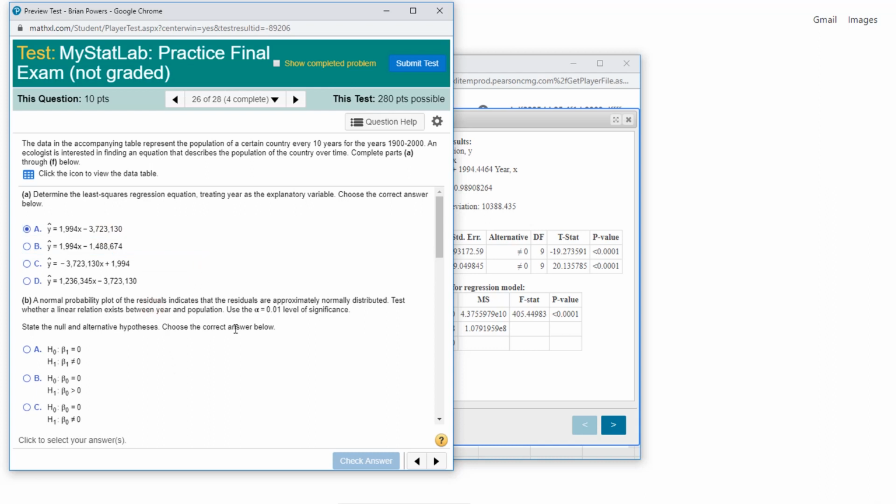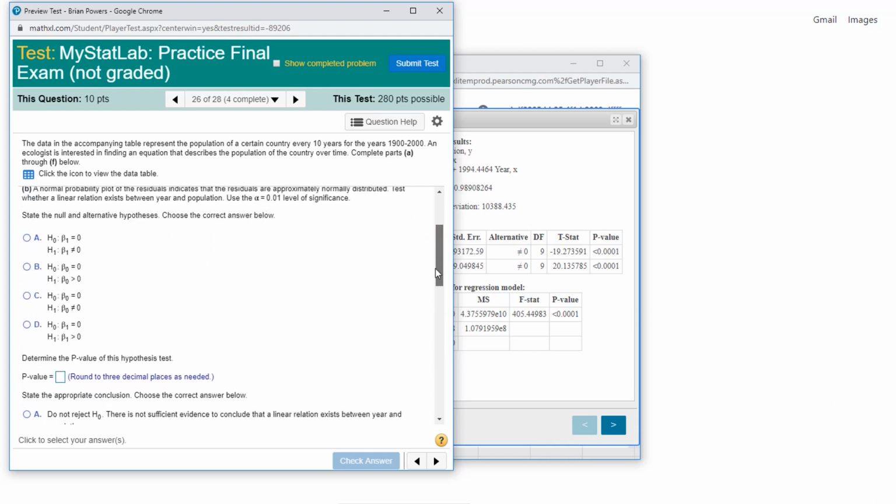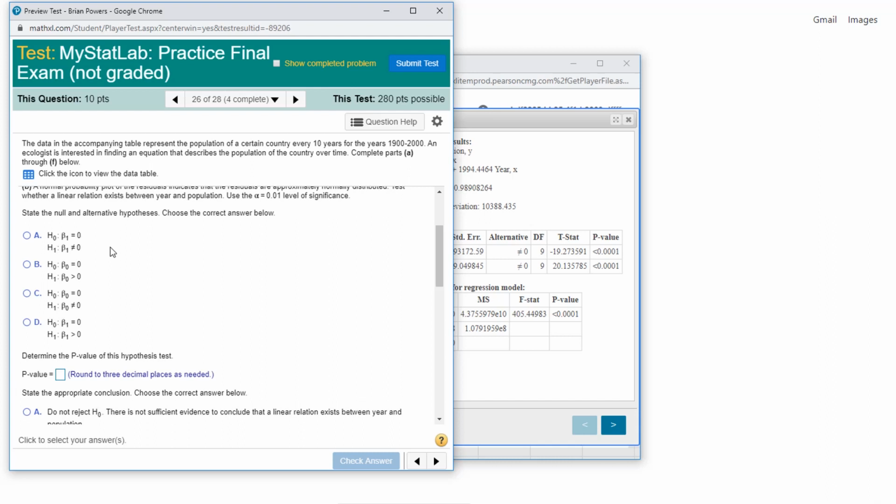A normal probability plot of residuals indicates the residuals are approximately normally distributed. Okay, I believe it. Test whether a linear relation exists between year and population. It's the same as the last one. It's always testing beta 1 equals 0 versus beta 1 not equal to 0.